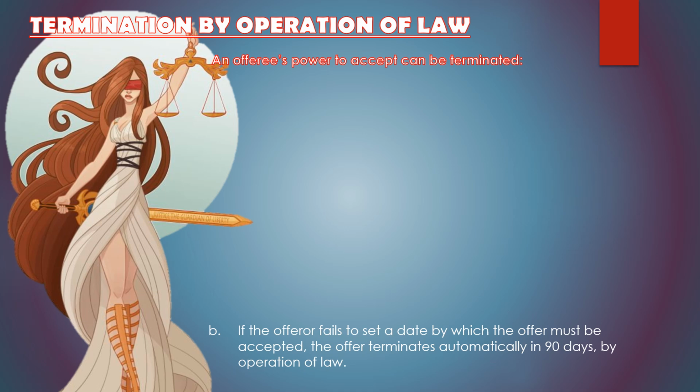The subject matter of the offer will dictate how long the offer actually stays open. If you are buying a truckload of apples, apples do not last for 90 days. So if you're buying a truckload of produce, the offer might terminate in 5 days by operation of law.